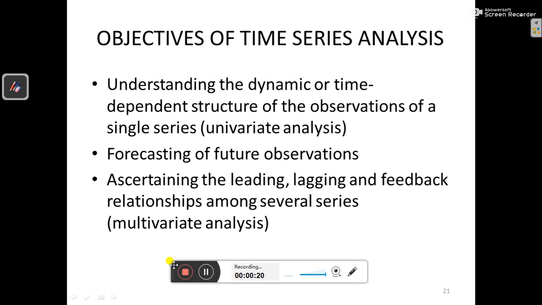The first point is that we need to understand the dynamic or time dependent structure of the observations of a single series. It is univariate analysis.